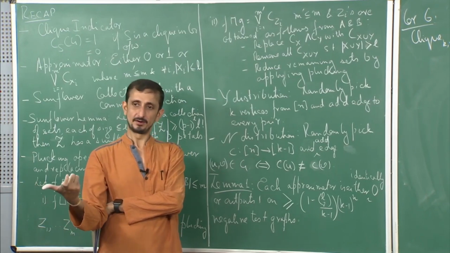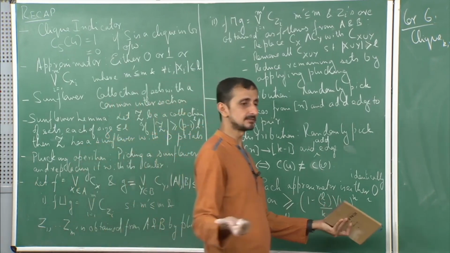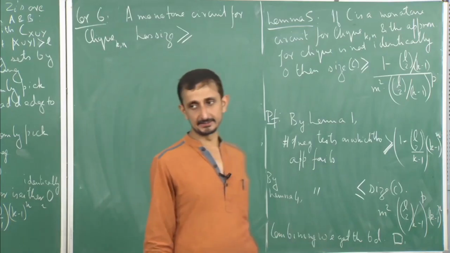Basically the minimum of the two quantities, right? So we have two cases, and whatever is the minimum, it must be greater than that.